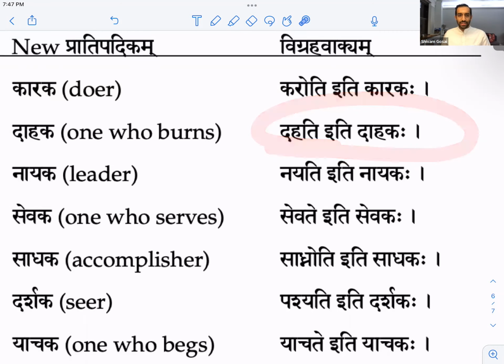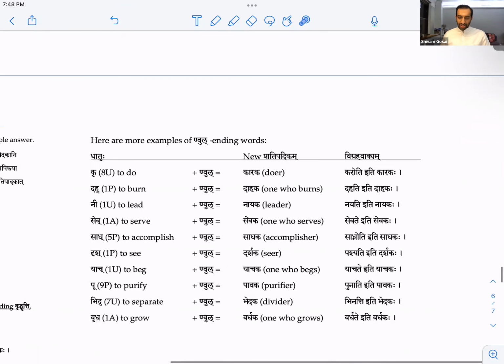Dahati iti dahakaha. Now we have to put it in the fifth case, plural. How we do that is we use the tad shabda in 5-3. Tebhyaha is the 5-3 of tad shabda.